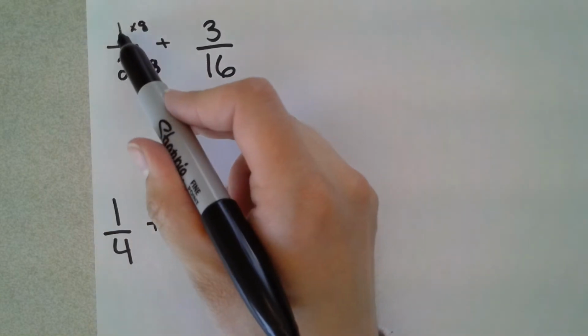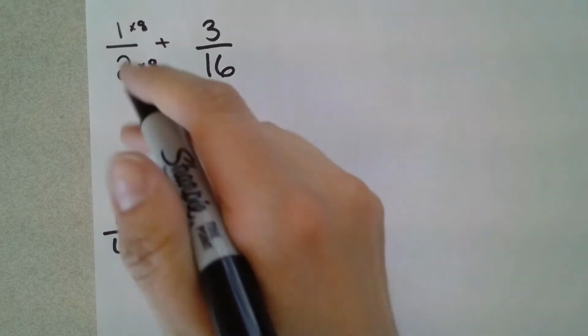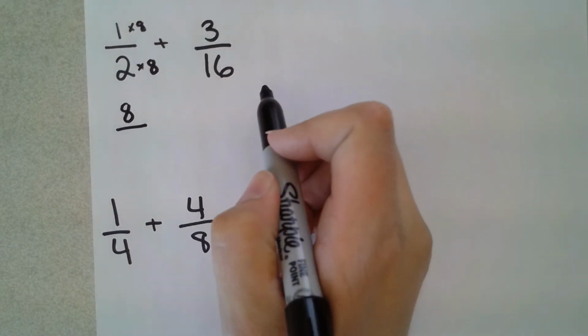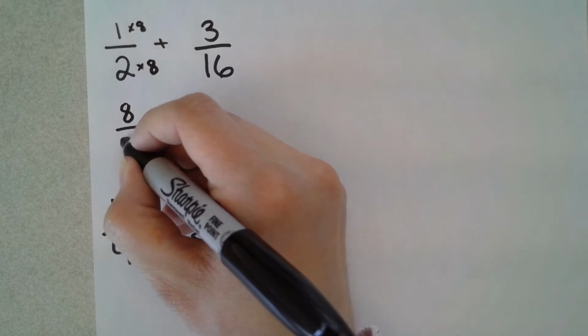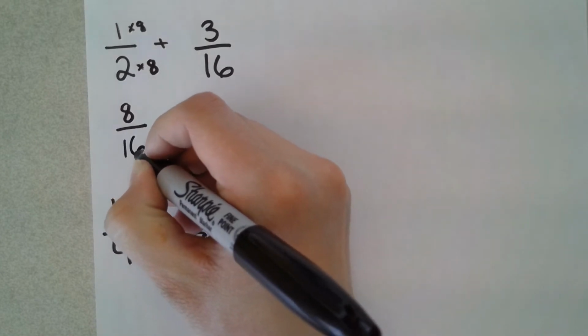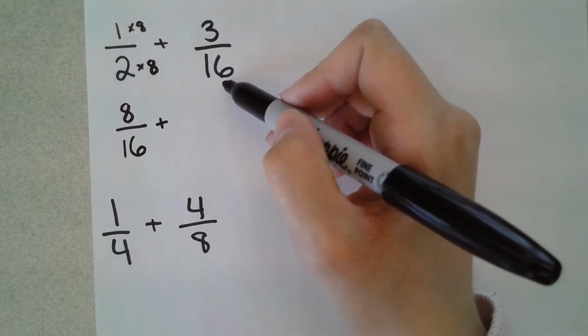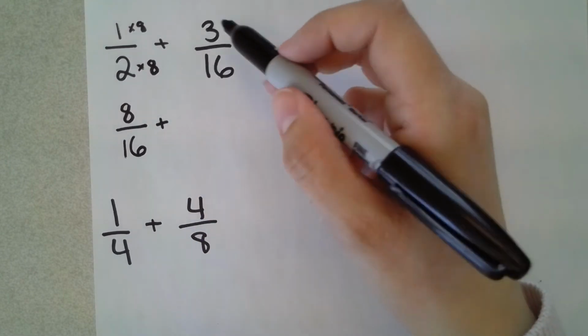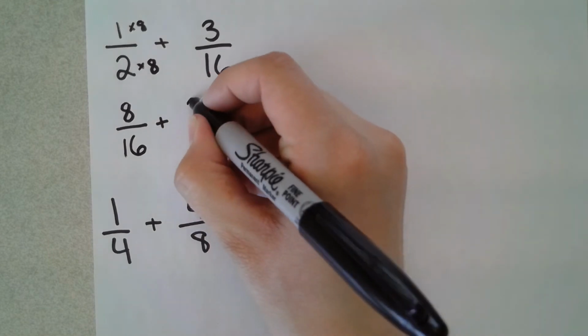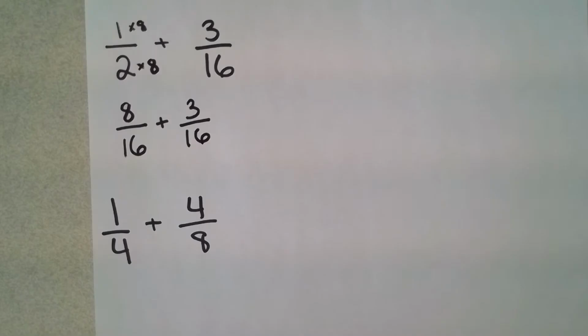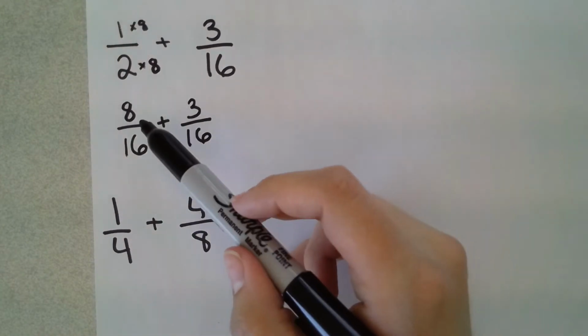So I'm going to write 1 times 8 equals 8, so that's going to be my new top number here. 2 times 8 equals 16. Plus, and then I'm just going to rewrite this fraction the way it is because nothing needs to change about this fraction. So I'm just going to rewrite it here so that I don't get mixed up.